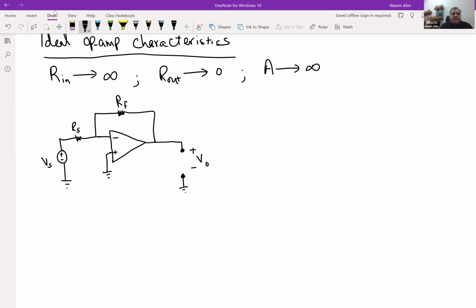So it is an inverting device. So it's a negative feedback. So it's an op-amp circuit with negative feedback.